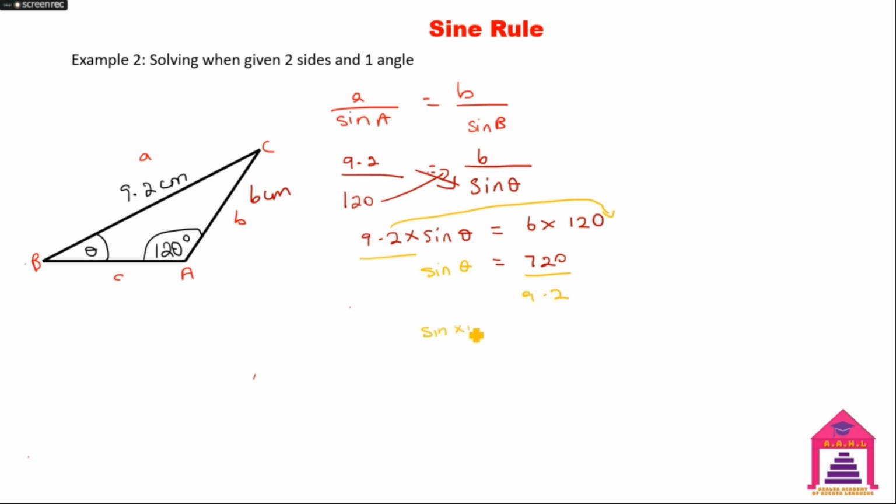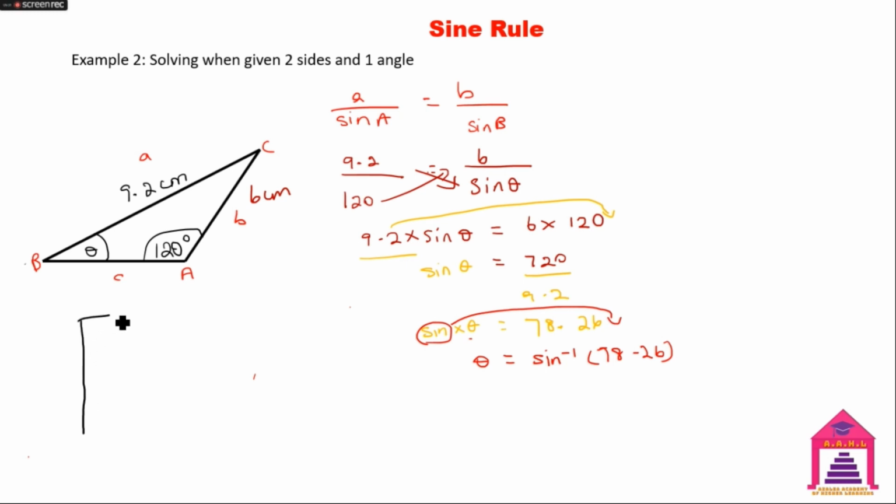So sine multiplied by theta is 720 divided by 9.2. So you bring it to two decimal places, 78.26, right? Of course, you want theta by itself, so you take sine and bring it across here. So you get sine inverse 78.26, and get theta.